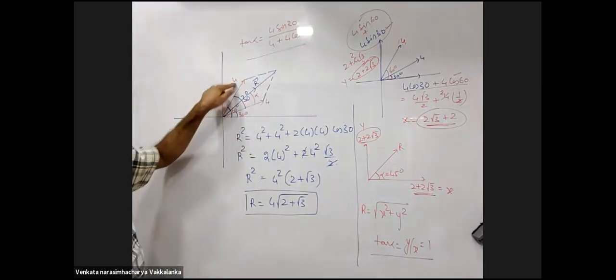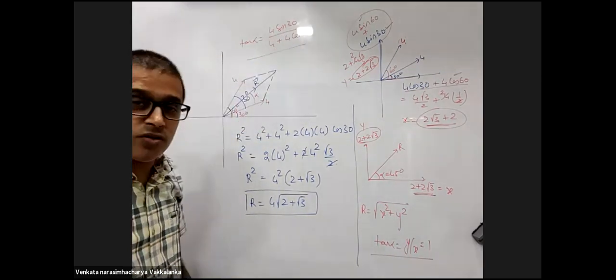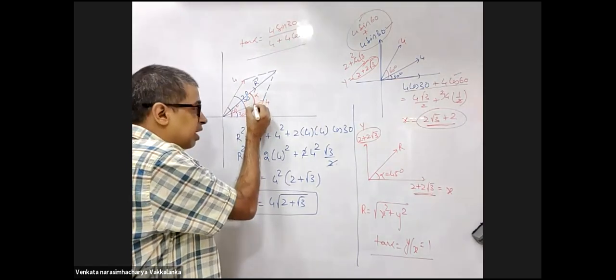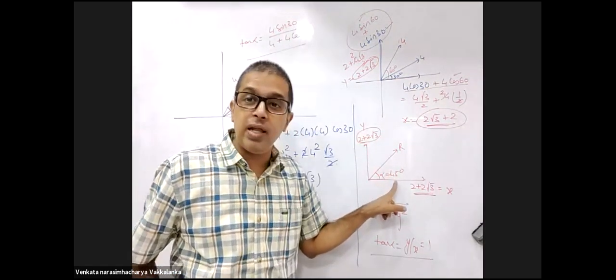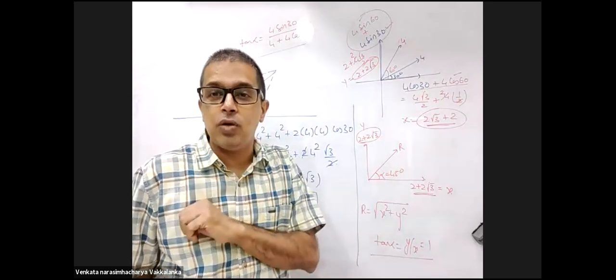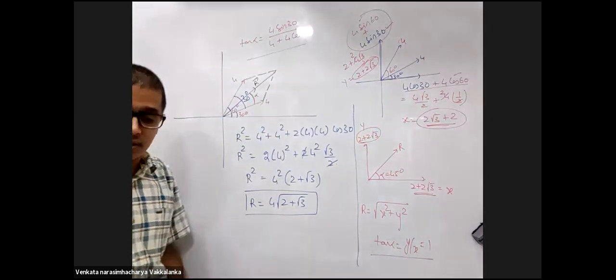This is the formula told to you. Yes, sir. Here alpha is the angle which it makes with the first vector. Here alpha is the angle which it makes with the x-axis. Both of them can be right in a multiple choice question where more than one option is correct.